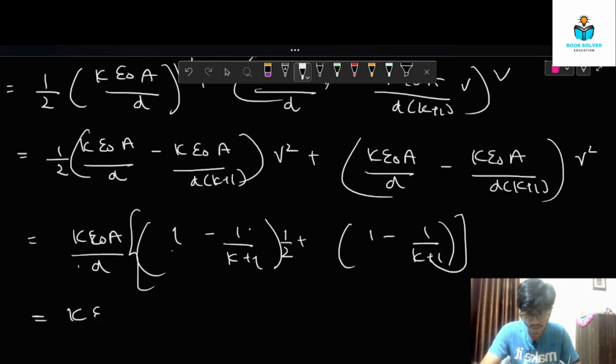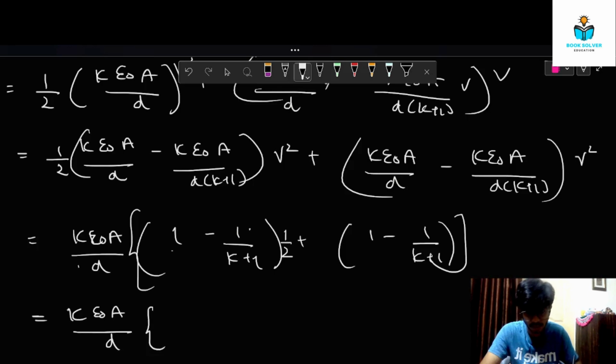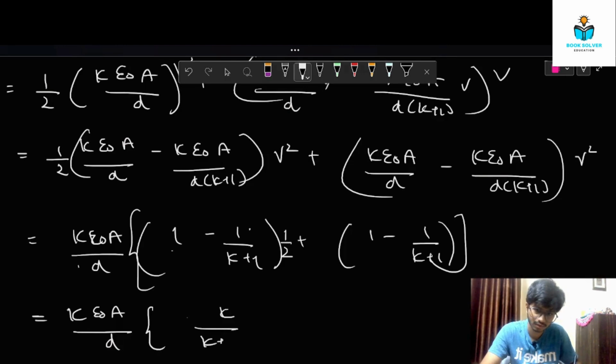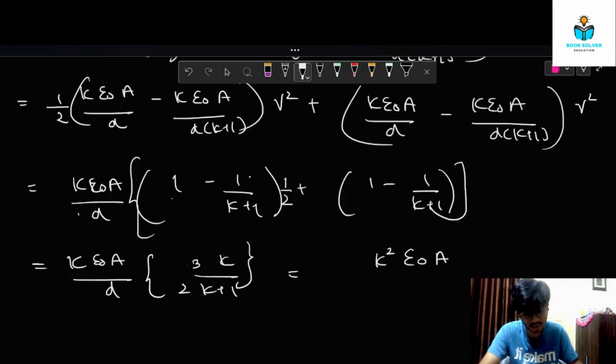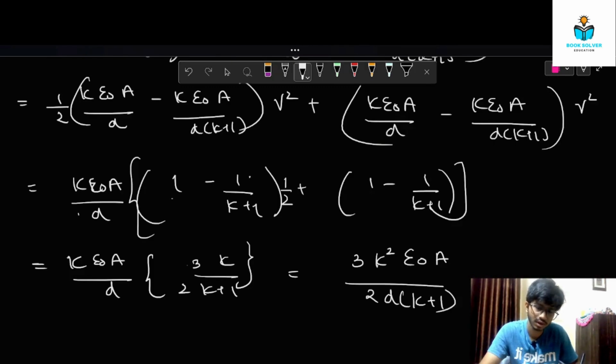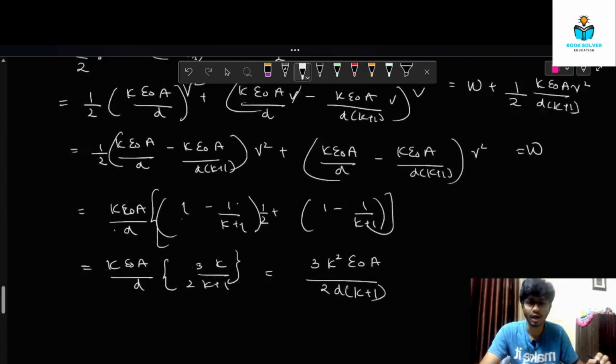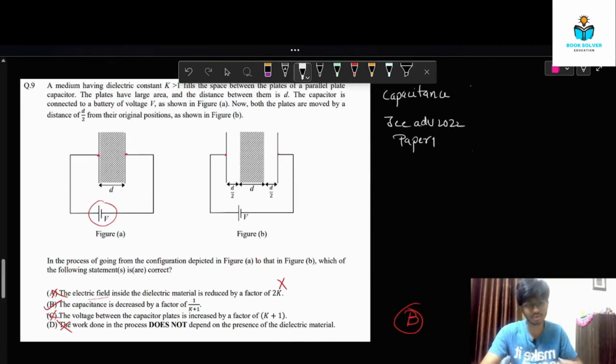So what we get is K epsilon naught A by d, K plus 1 minus 1, so this is basically K plus 1, 3 by 2, because 1 by 2 plus 1, they both are the same, which is 3 by 2 of the whole. So what we get, the energy is basically 3K square epsilon naught A by 2d into K plus 1. So the answer to the question is option B. Thank you.